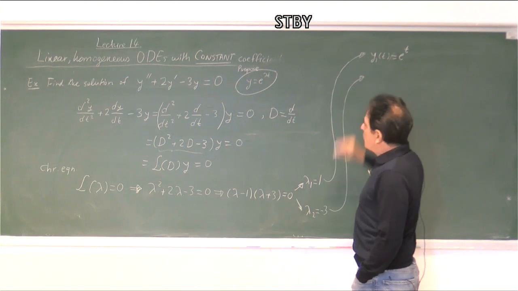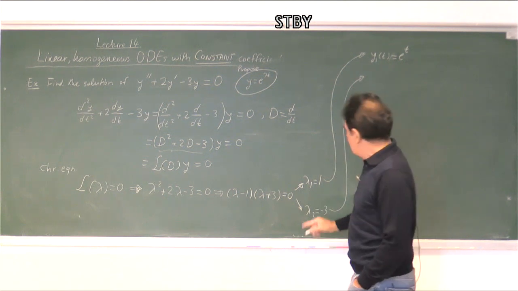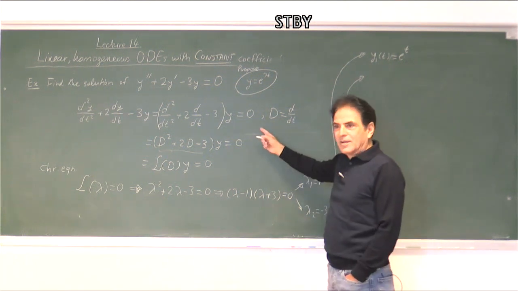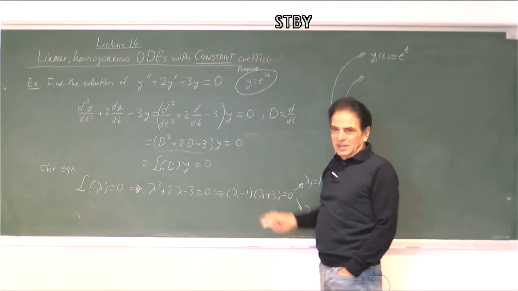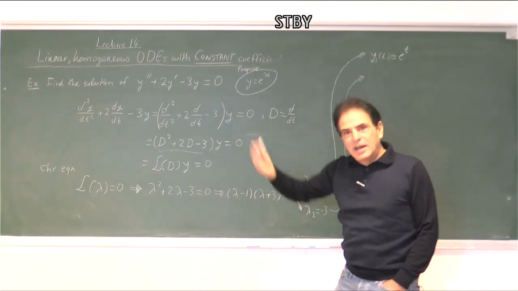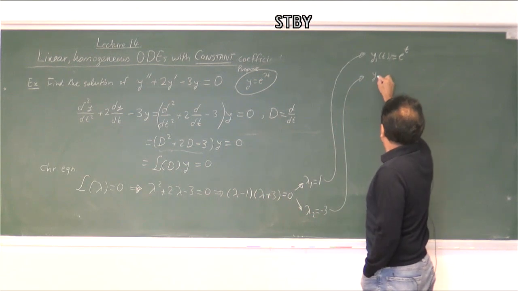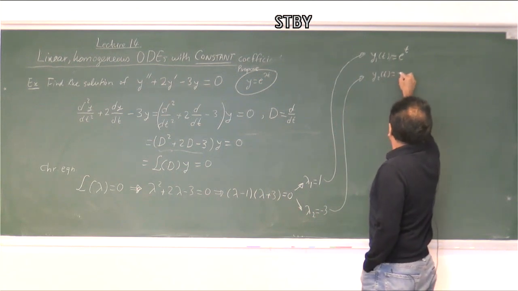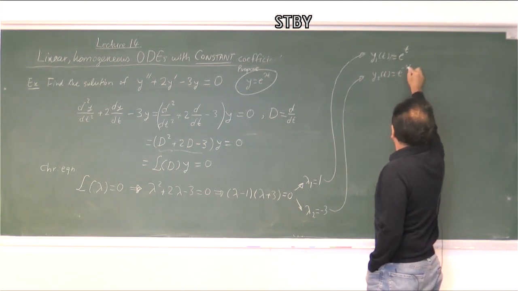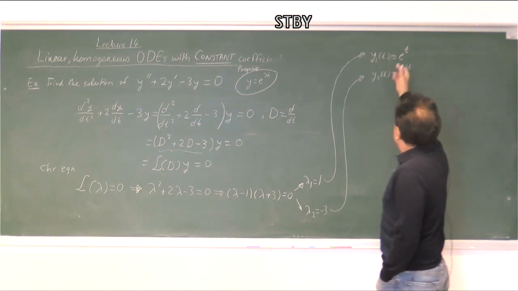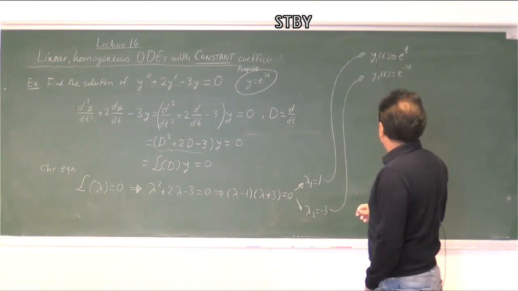And there is another possibility. If lambda is minus 3, this function stands for another solution. So e to power minus 3t is also a solution. Clearly they are linearly independent.